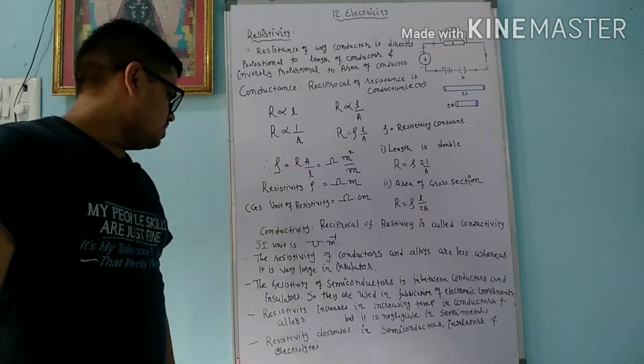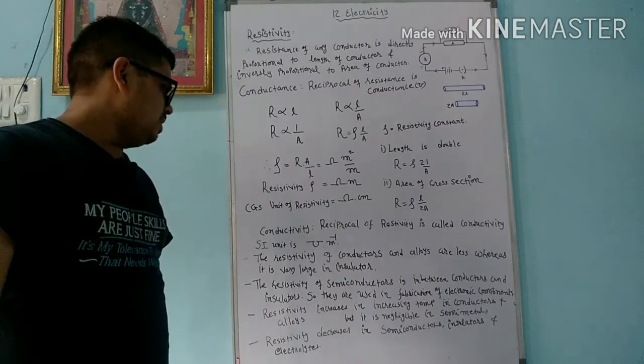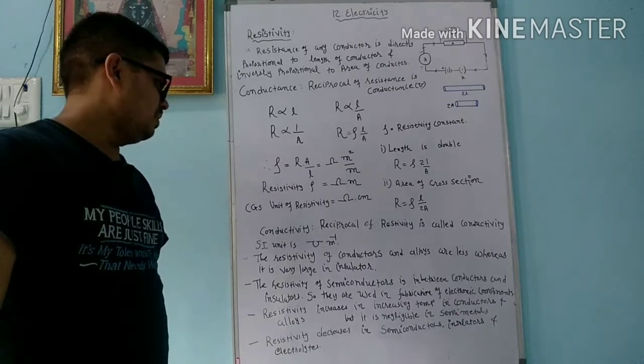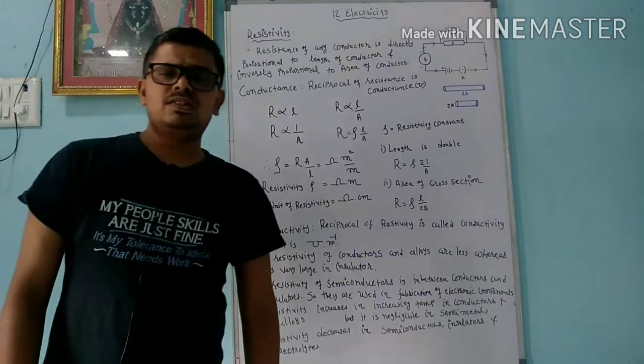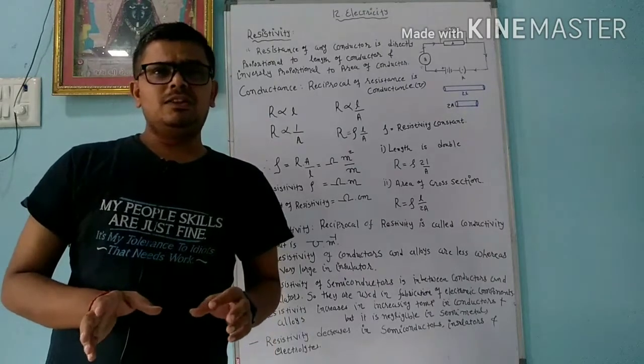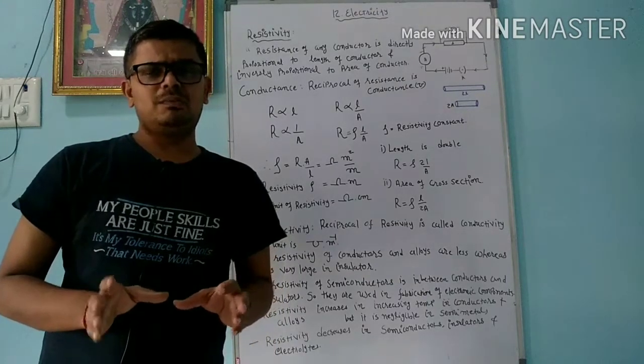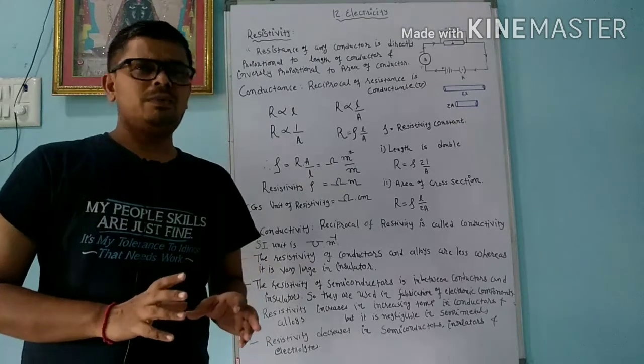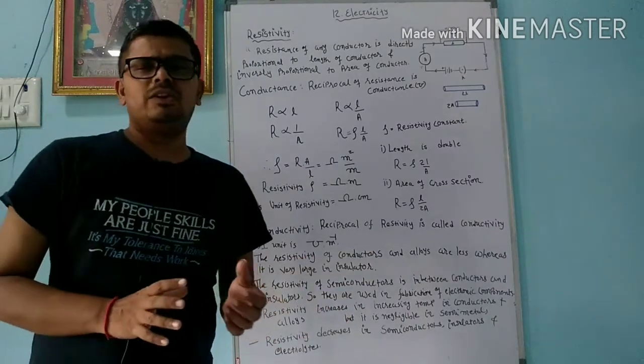The resistivity of a semiconductor is in between that of conductors and insulators, so they are used in the fabrication of electronic components. So in the fabrication of electronic components it is very useful.